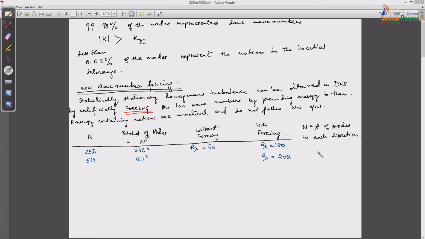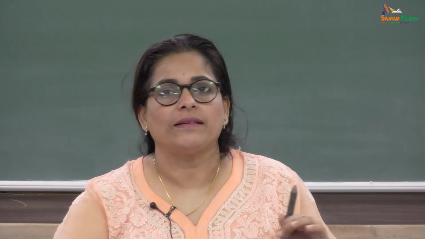So, we did something very unnatural, which is providing energy to the low wave numbers, and hence these are unnatural and they do not follow the Navier-Stokes equations. They are not telling us all truths about the turbulent domain, but they do give us some information, and we can live with that.